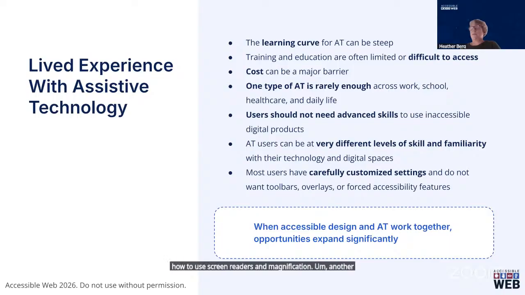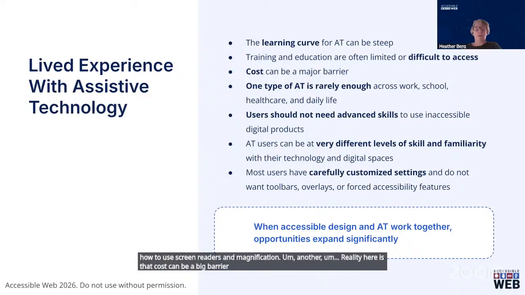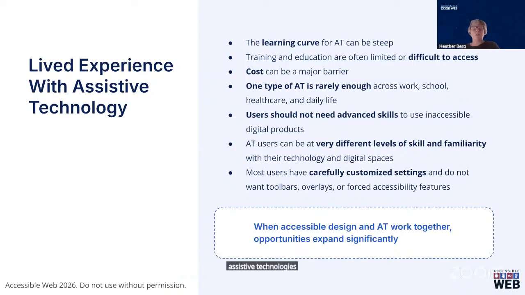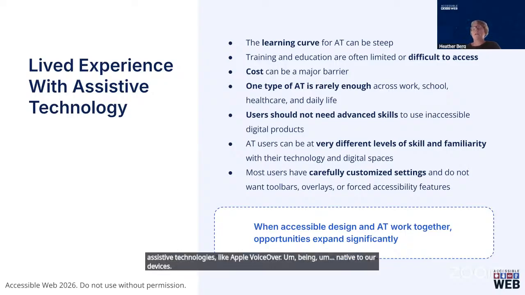Another reality here is that cost can be a big barrier. We are seeing more often now the inclusion of some assistive technologies like Apple VoiceOver being native to our devices. And that is certainly helping.